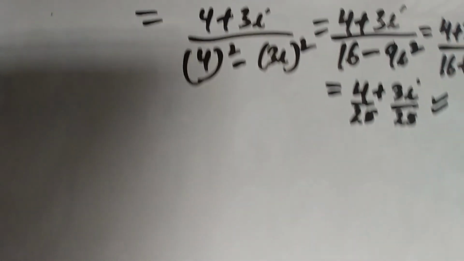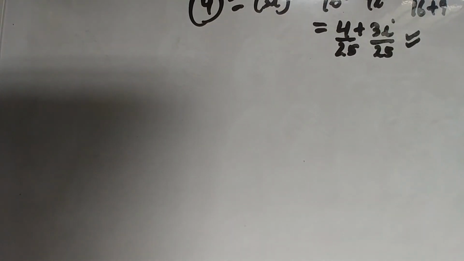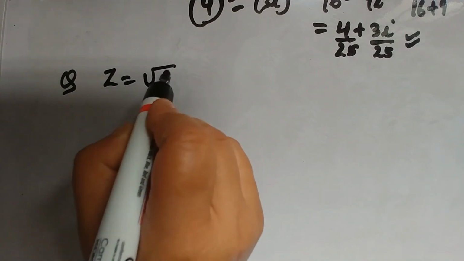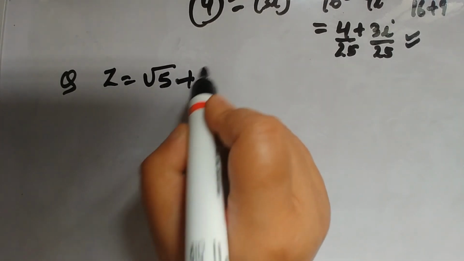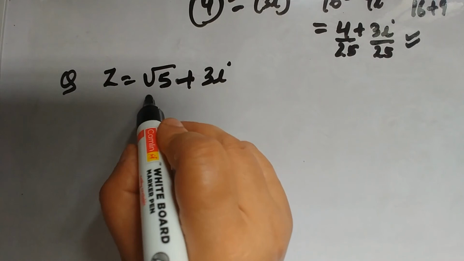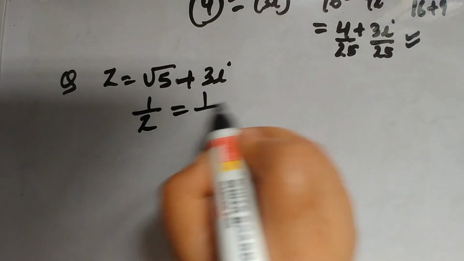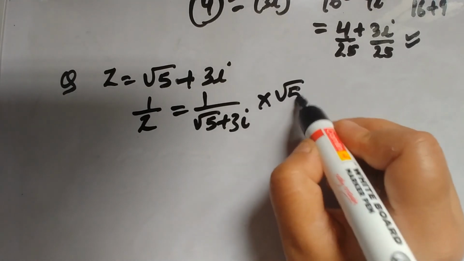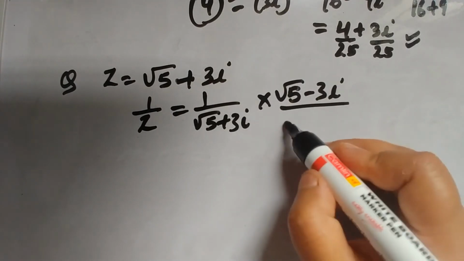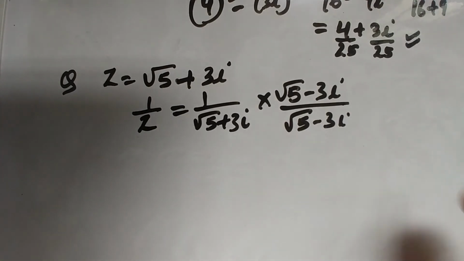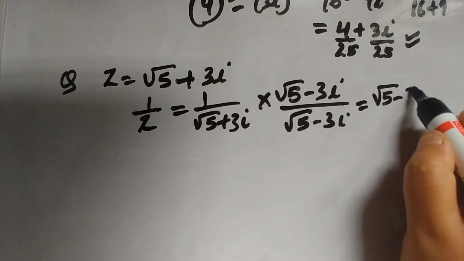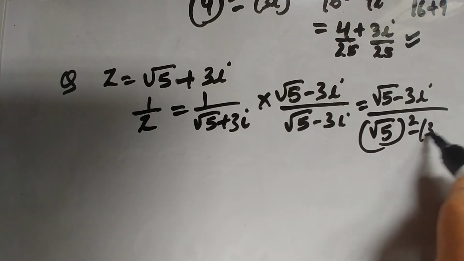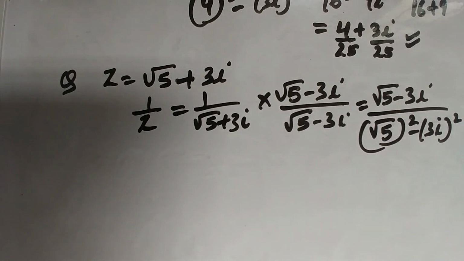Similarly, the next question is find the multiplicative inverse of complex number root 5 plus 3 iota. So again the multiplicative inverse is 1 by z, root 5 plus 3 iota. To solve it, I need to rationalize it. So it is root 5 minus 3 iota upon root 5 whole square minus 3 iota whole square.